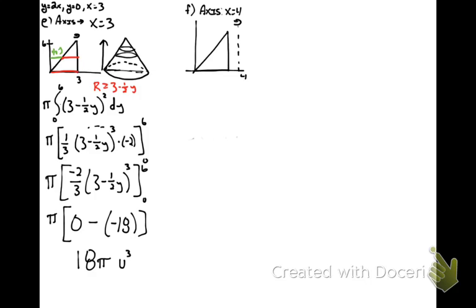Which means now I've got a washer situation, because I will have an object when I'm done that looks something like this. This is not the best picture in the world, but it'll have to do. It's a cylinder that has a hole in the middle of it.